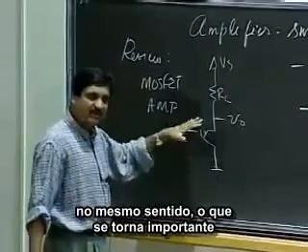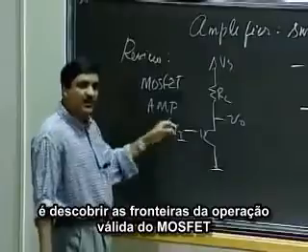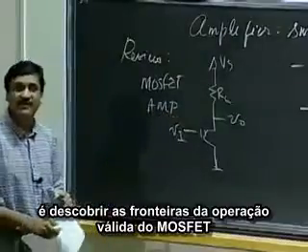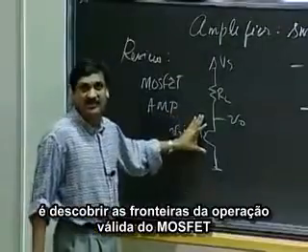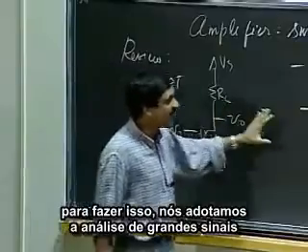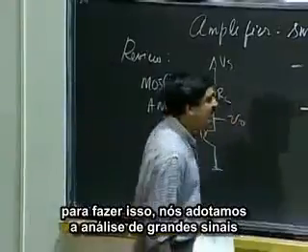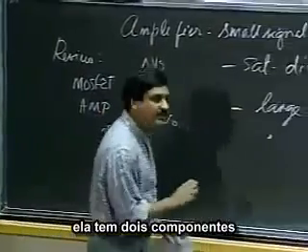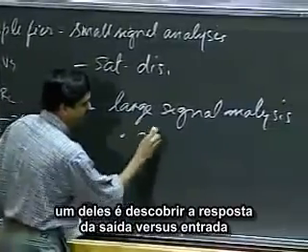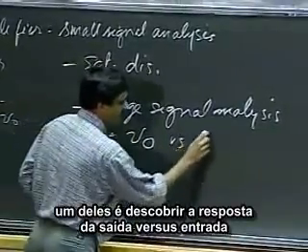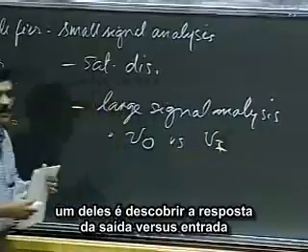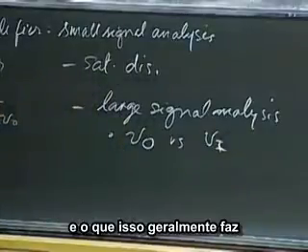By the same token, what becomes important is to figure out what are the boundaries of valid operation of the MOSFET in saturation. Okay, so to do that, we conducted a large signal analysis, and it had two components to it. One, of course, was to figure out the output versus input response.